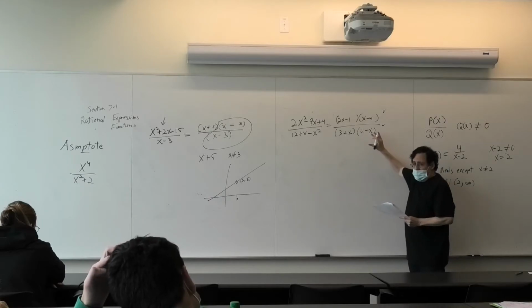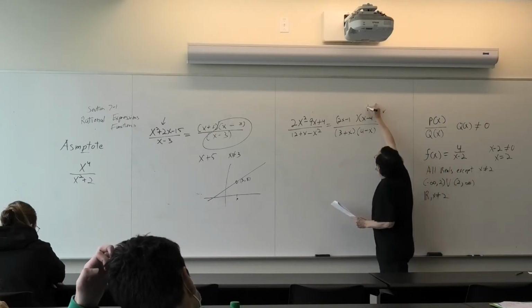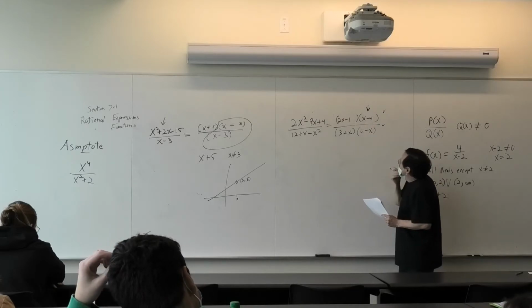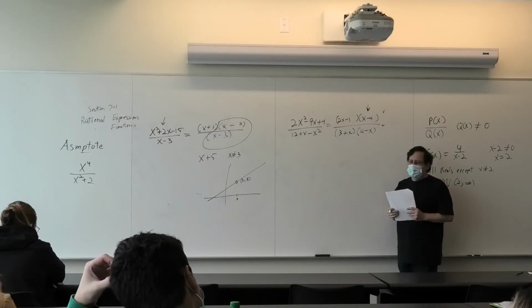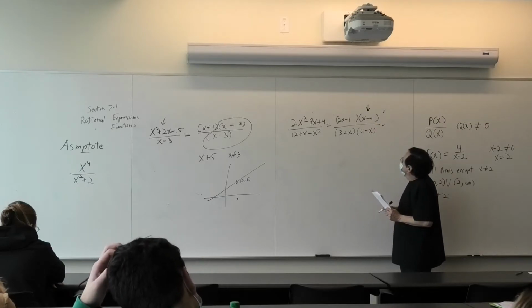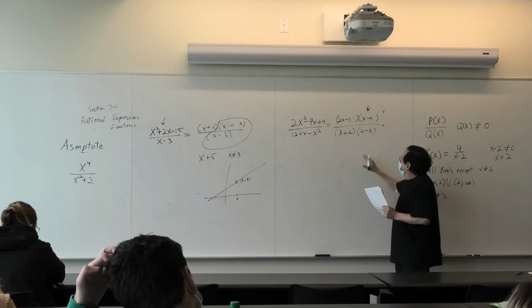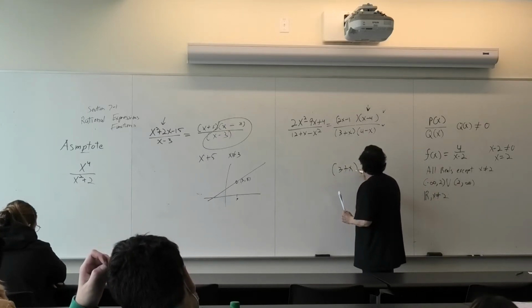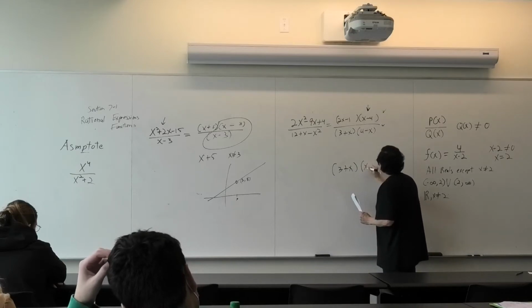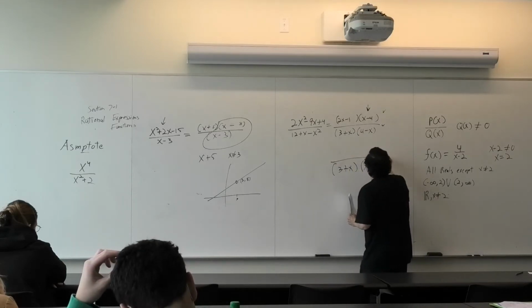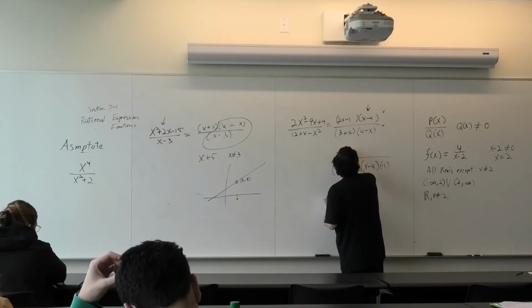It might not be obvious, but here we have two factors that are very similar: x minus 4 and 4 minus x. And if I want, I can rewrite this up here.